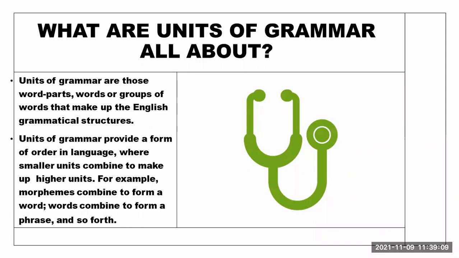What are units of grammar all about? Units of grammar are those word parts, words or groups of words that make up the English grammatical structures. All right? Units of grammar provide a form of order in language, where smaller units combine to make up higher units.